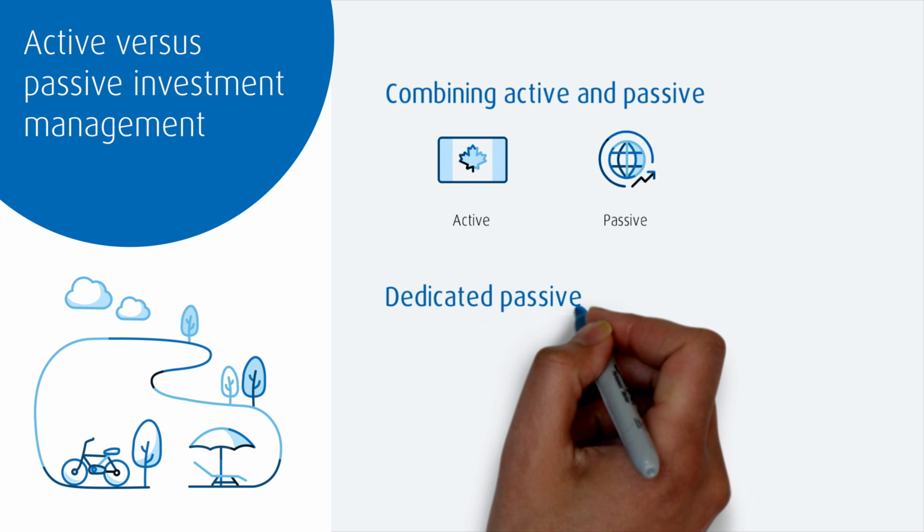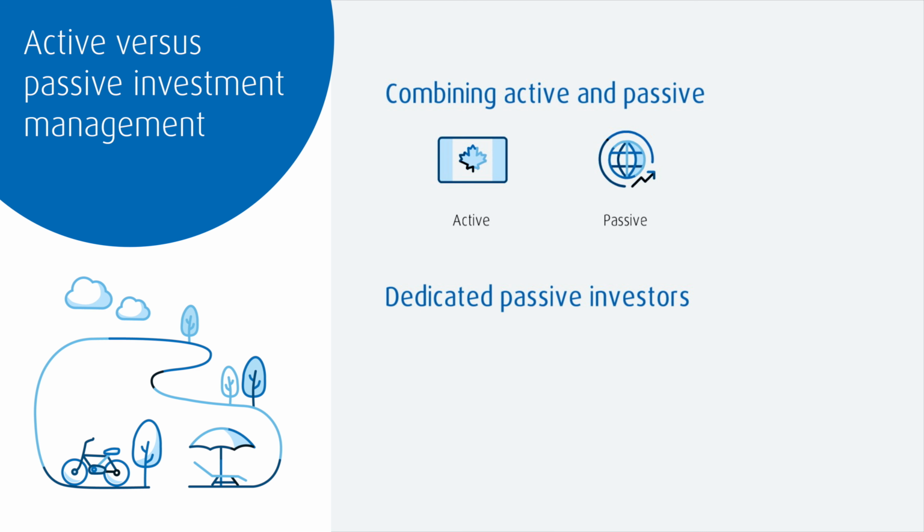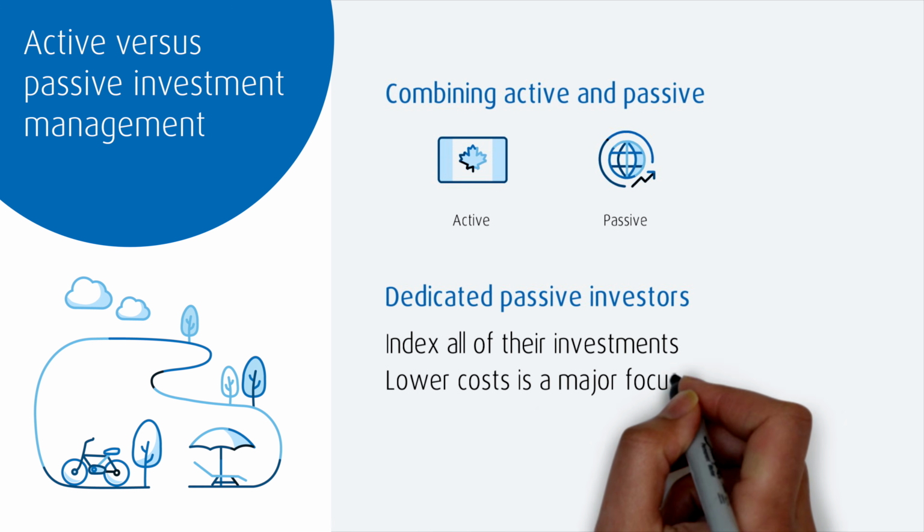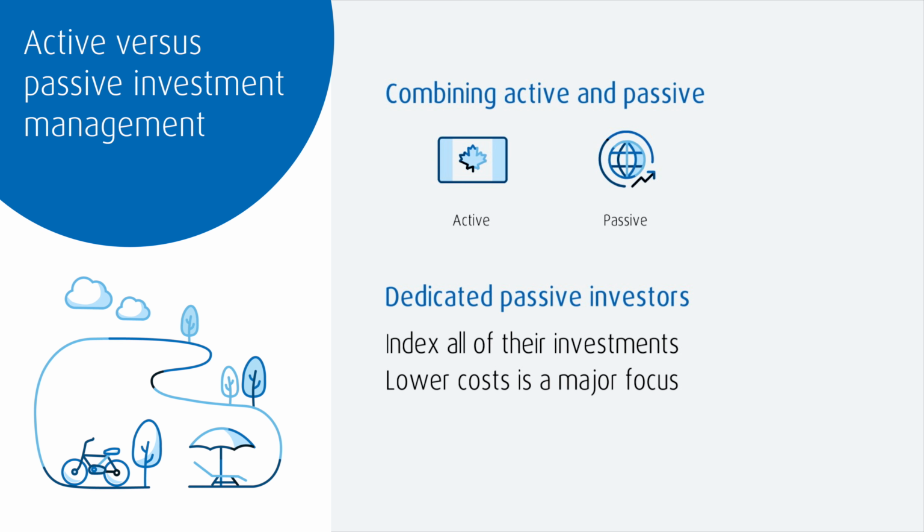Some investors are dedicated passive investors. They might index all their holdings using low-cost index funds for Canadian stocks, US stocks, stocks from around the world, as well as their fixed income allocations. Lower costs are one of the major attractions for passive investors.